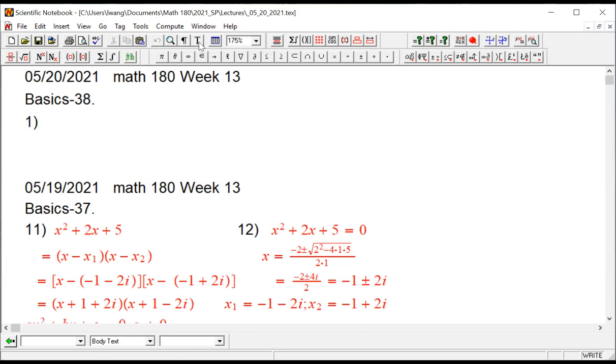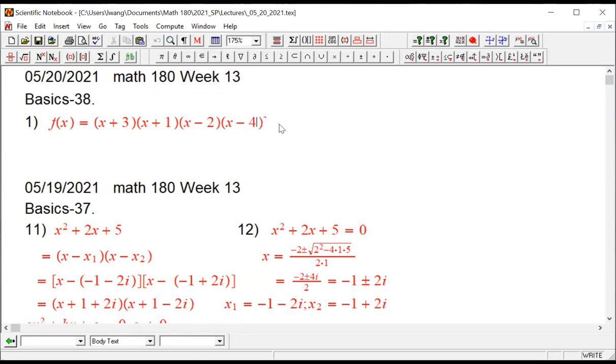The first one, we have f of x. So this is a function, of course, and it's a rule. We have four factors: x plus 3, x plus 1, x minus 2, x minus 4.